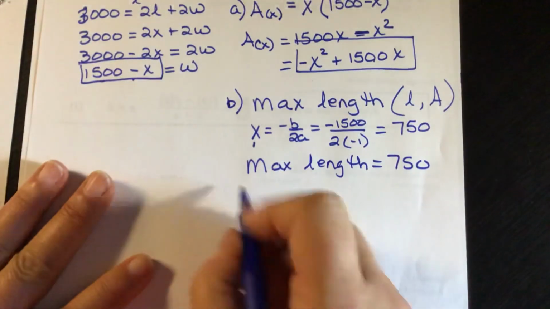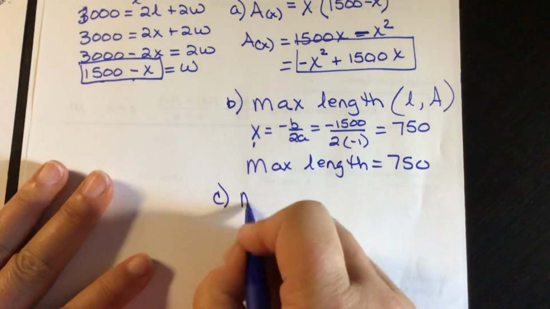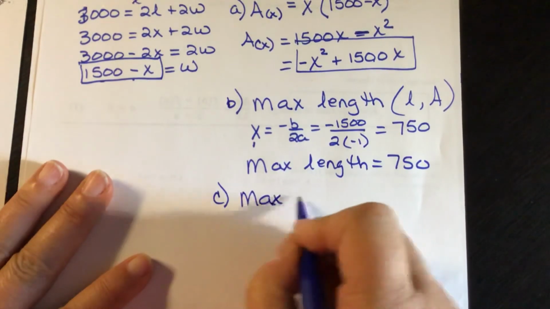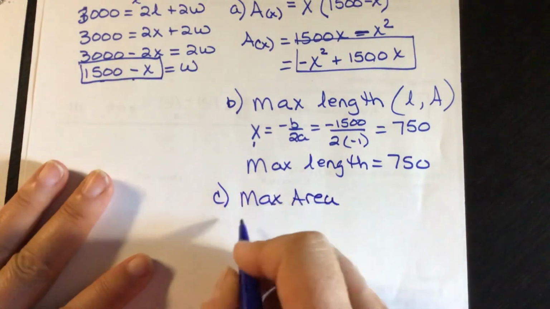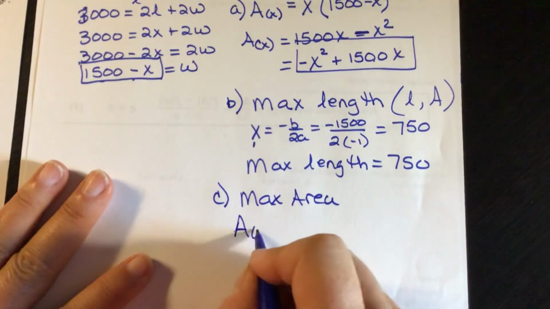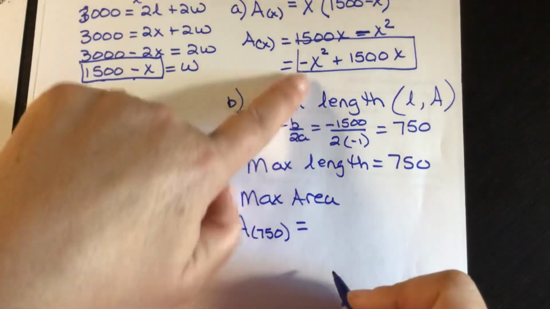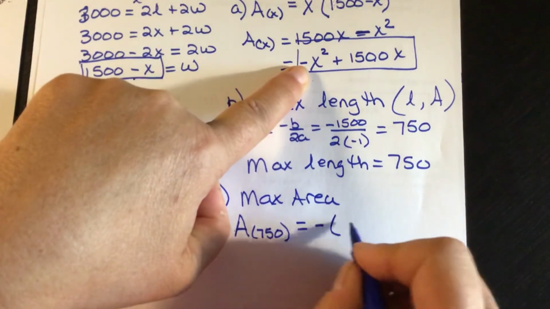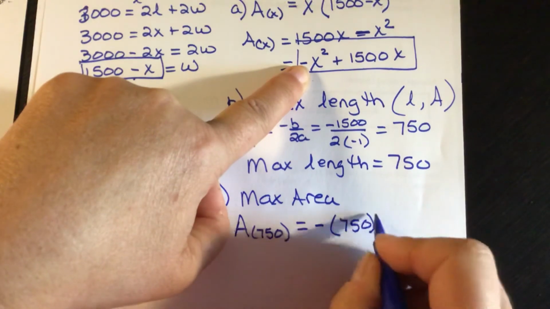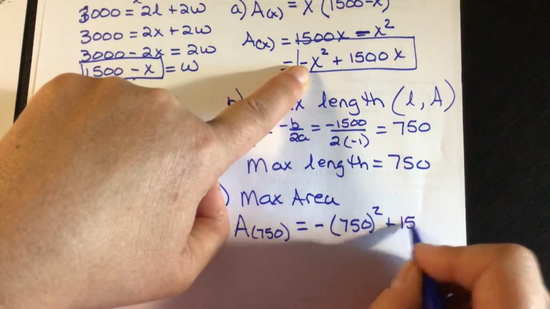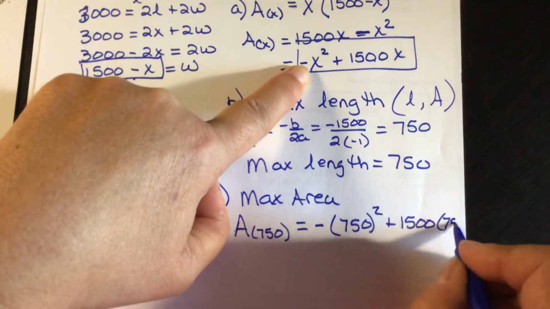Sorry about that. And then in part C, they want the maximum area. And that's when I plug in 750 to find the area. So I have negative 750 squared plus 1,500 times 750.